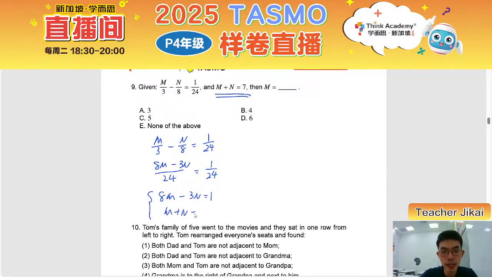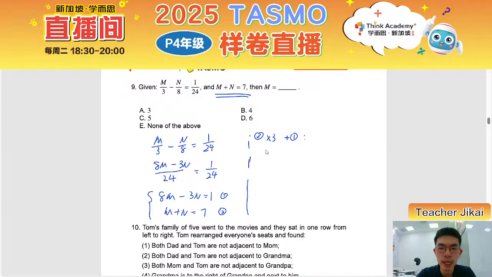M plus N is 7. So we want to know the M. We set as equation 1, we set as equation 2, right? We want M here, we don't want the N inside it, so we just cross out the N here. How can we cross out the N? Yeah, minus 3N and plus N. So plus N times 3 is plus 3N, and we add the minus 3N, the N will go away, right? So it is the second equation. We times the 3 and add the 1 here.